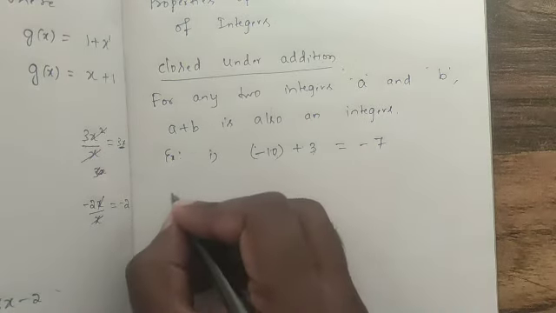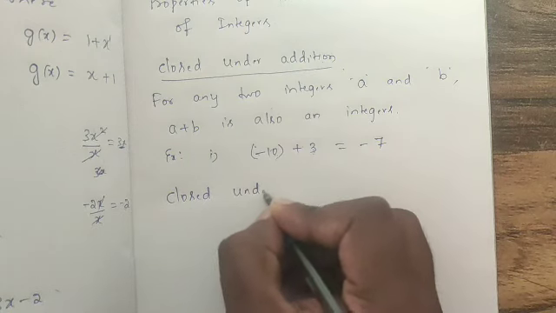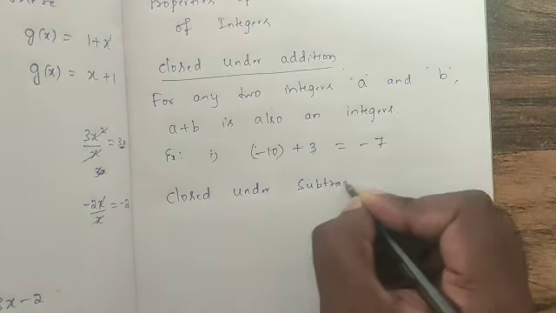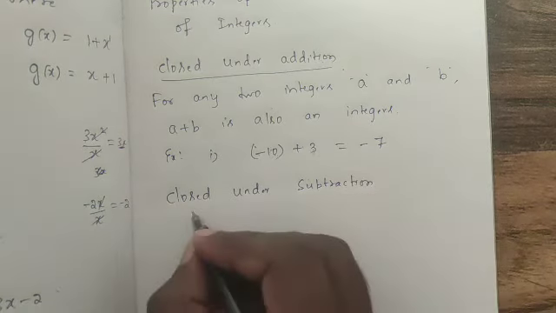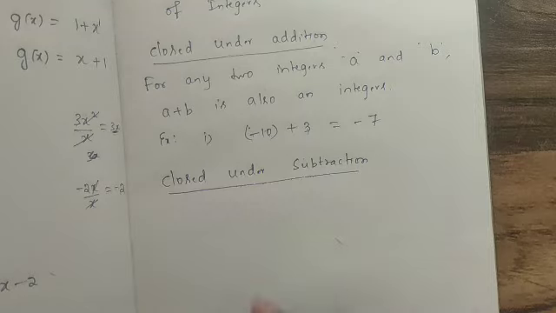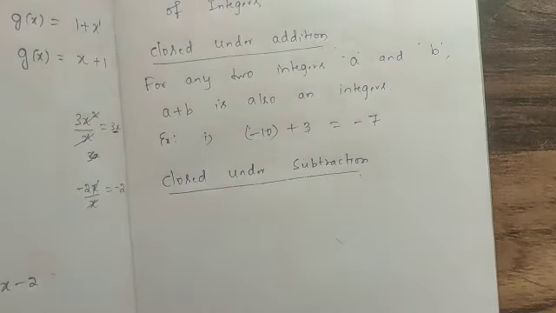Now, closed under subtraction. That means you take any two integers, subtract them, and the result is an integer or not?